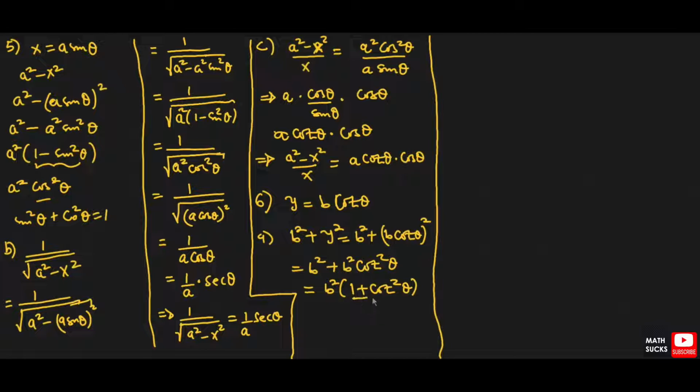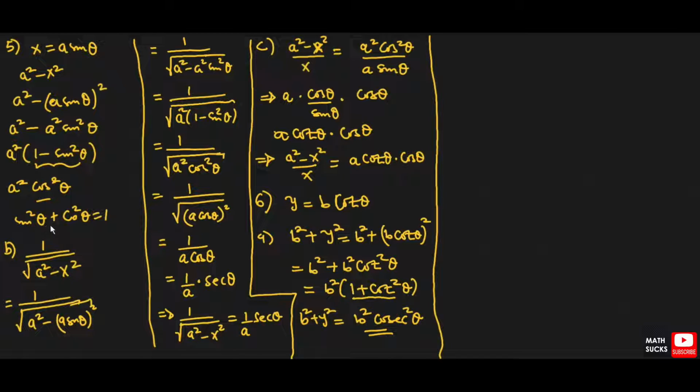But recall this can be substituted with cosec. So that means I can say that b squared plus y squared is the same as b squared, then this inside part is the cosec squared of theta. I'm just borrowing this from a trigonometric identity, which you can derive. We have seen this many times.